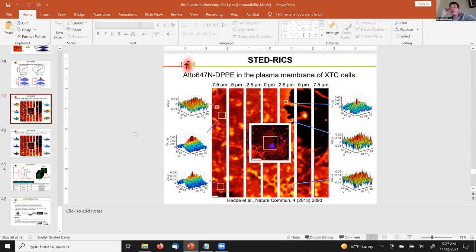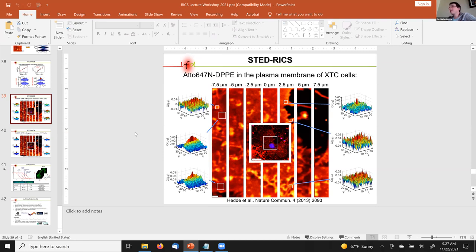Yeah, there are a few challenges. For STED, it's better to have specific dyes. For example, this ATTO 647N is a dye that happens to be very good for STED. You can do STED also with fluorescent proteins like GFP, YFP, but they are less bright, they bleach much quicker.